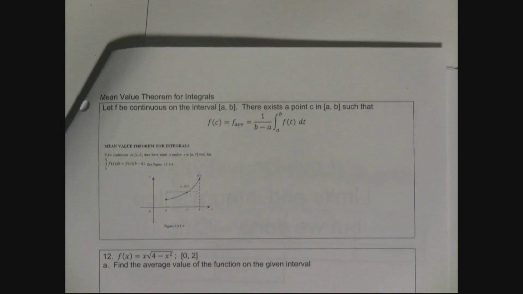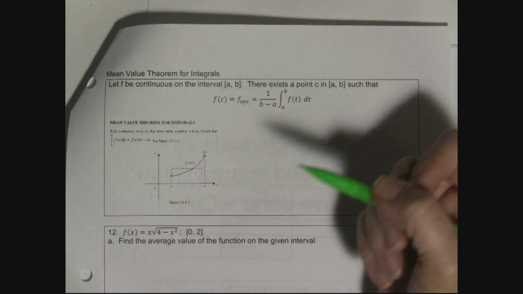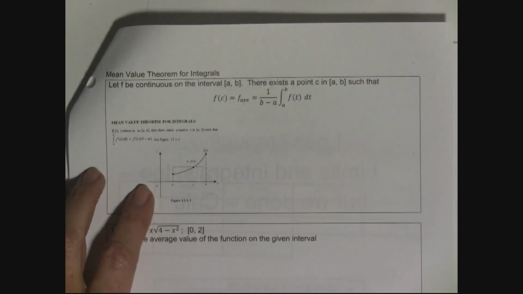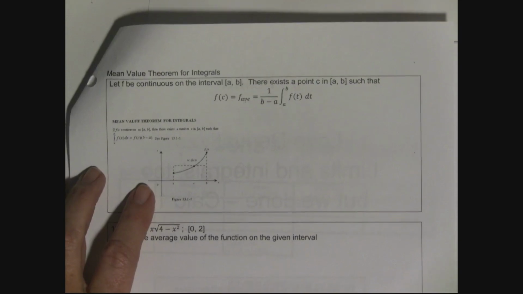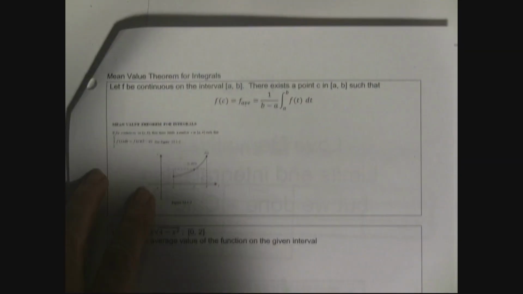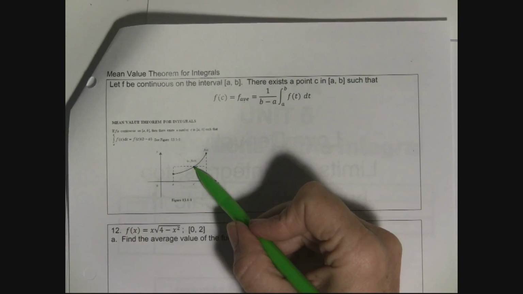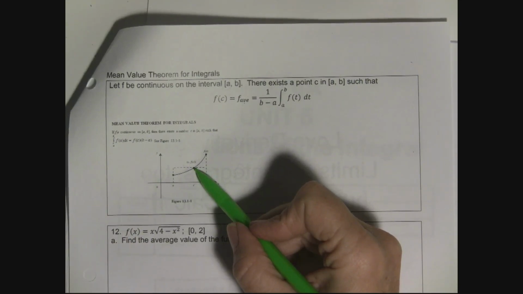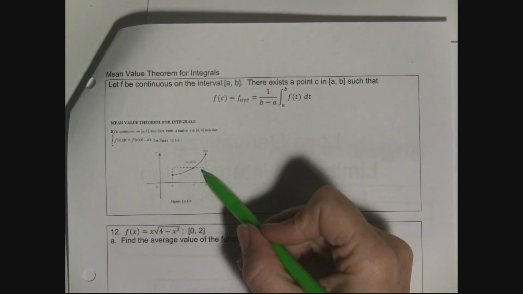And then they go on to show you some pictures of it. This picture is not very big here, but it's in your book if you wanted to look at it. So f average gives you the average height, and then f at c just tells you where the curve and your average height meet each other.